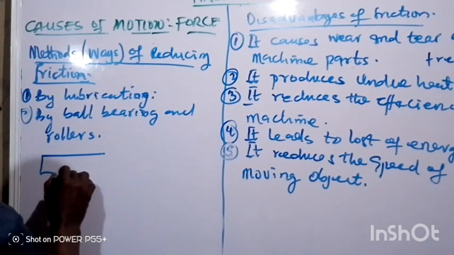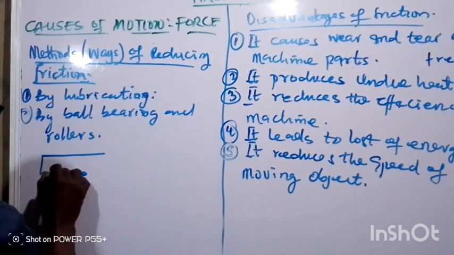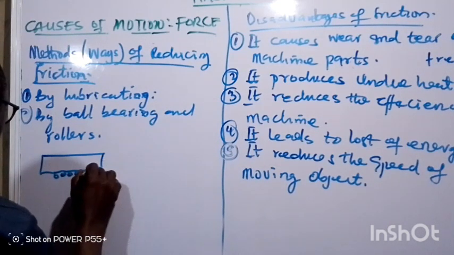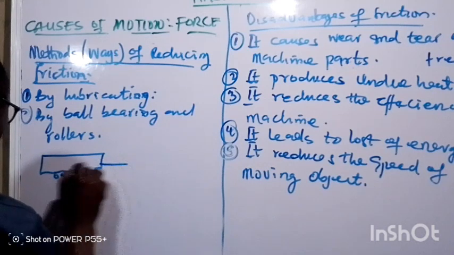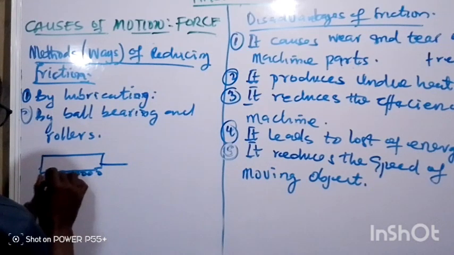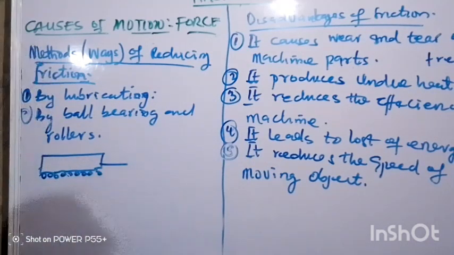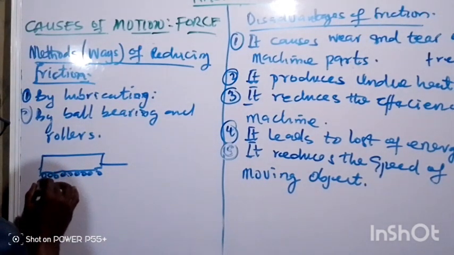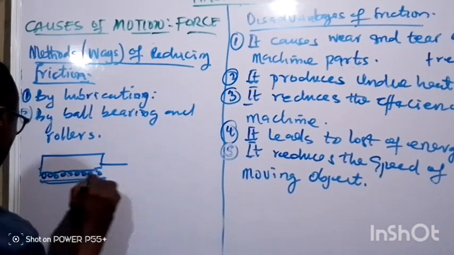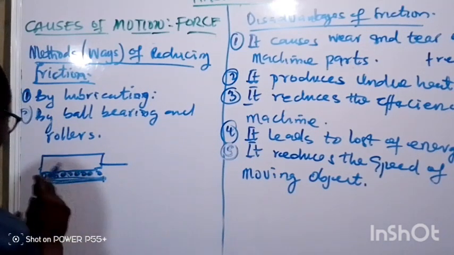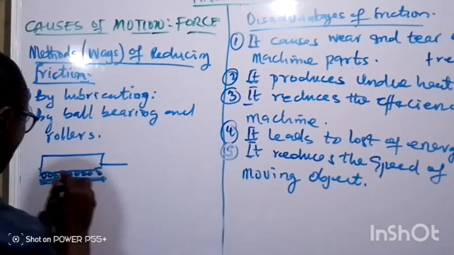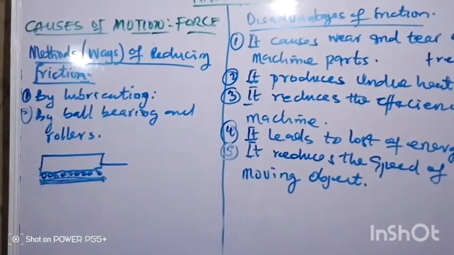So the machine will move on it, and that will reduce friction, instead of the two parts moving over each other. So when you have a roller in between them like this, or ball bearing, the machine will move on this roller, which will reduce friction.